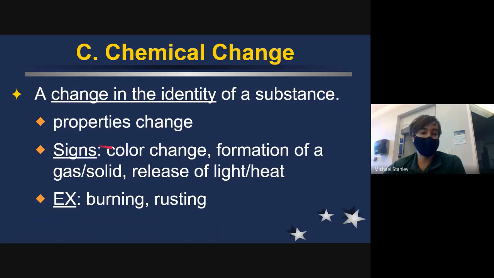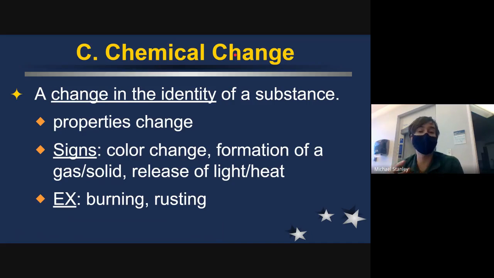So we've got a color change because the metal used to be nice and bright and shiny and probably kind of silvery, and now it turned into this brown flaky stuff. That brown flaky stuff is called iron oxide, and it's a different chemical than the iron that was there originally. A chemical change has happened.